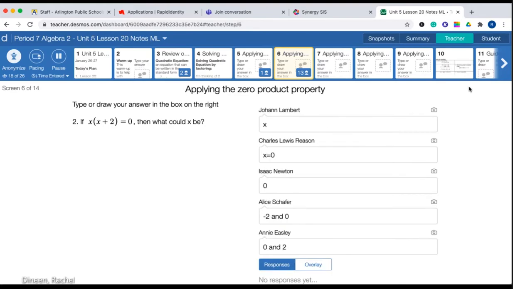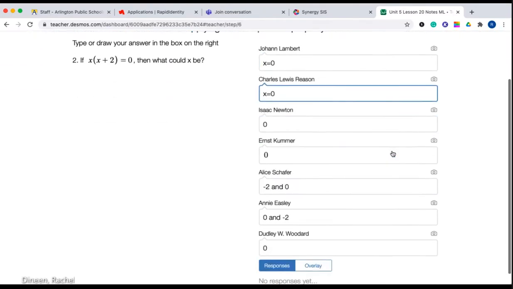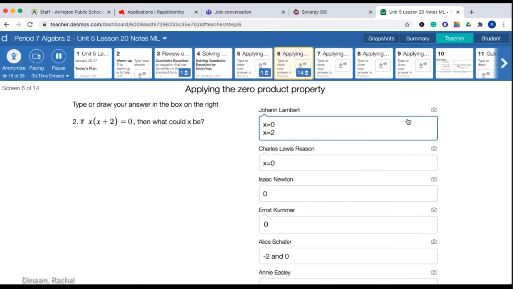So I see 0, I see -2 and 0, I see 0 and 2, yeah, I see 0 and 2 and 0 and -2.